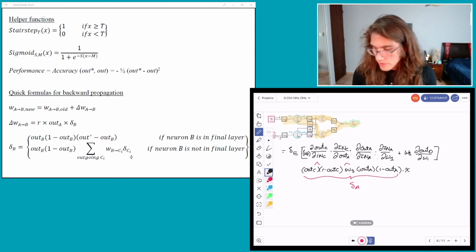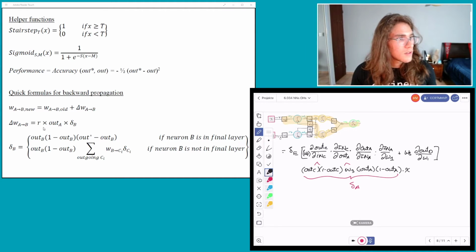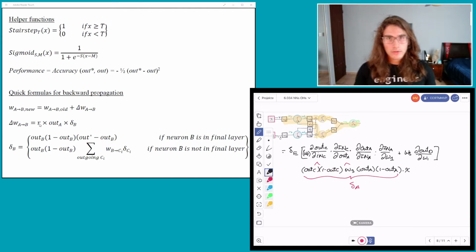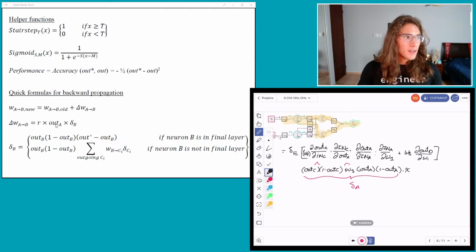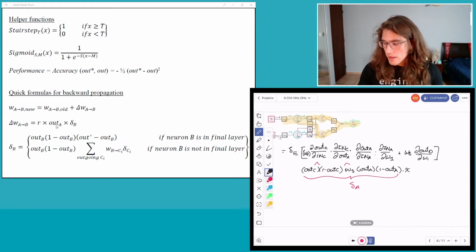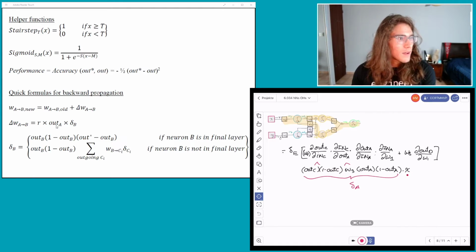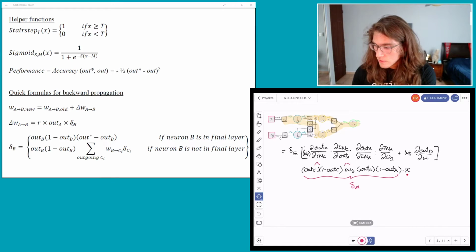So let's take a look one more time. I don't have my rate constant or the learning rate because I'm only interested in the direction, the step size, out A. In this case, this is X. And then I have to multiply it by delta, the delta of the next function.